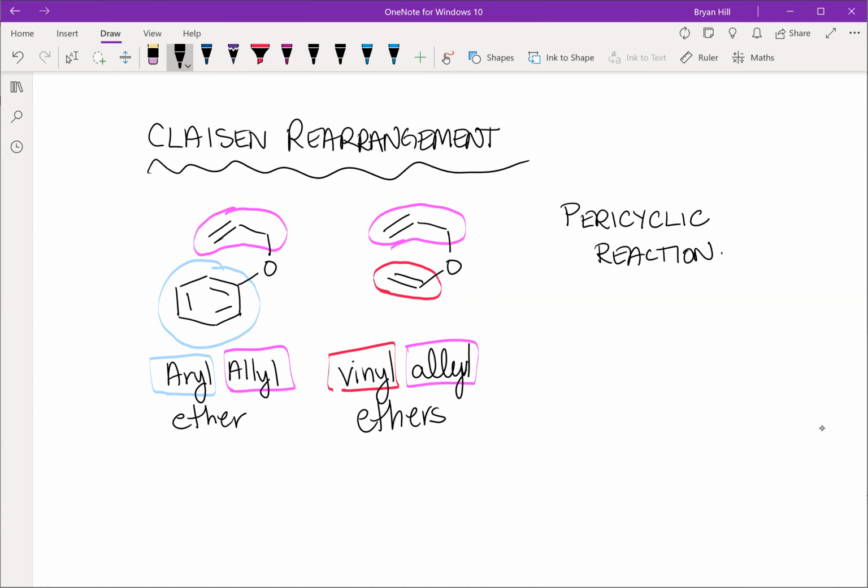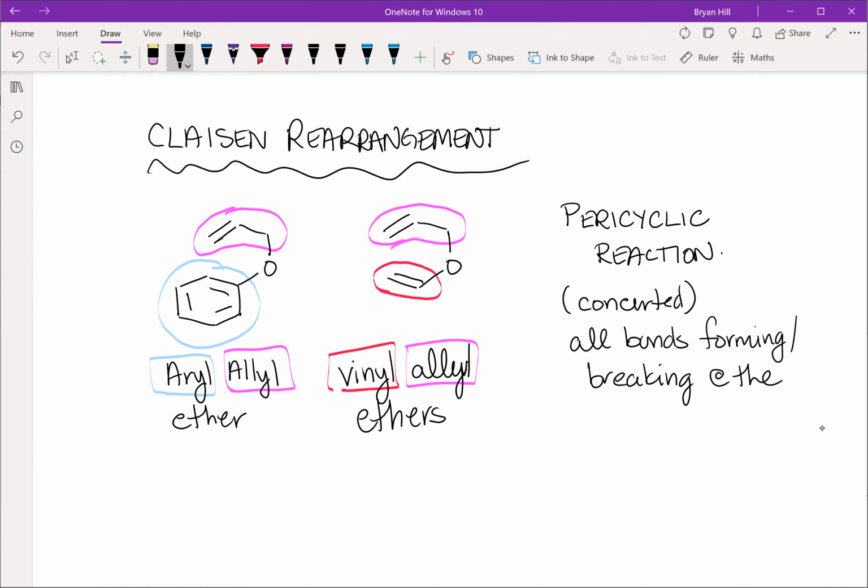These are concerted reactions where all the bonds are forming and breaking at the same time.